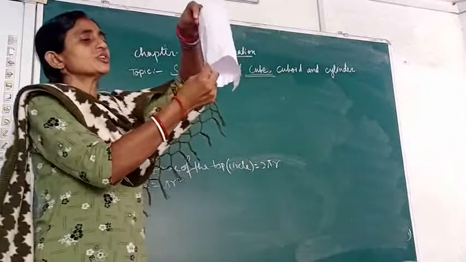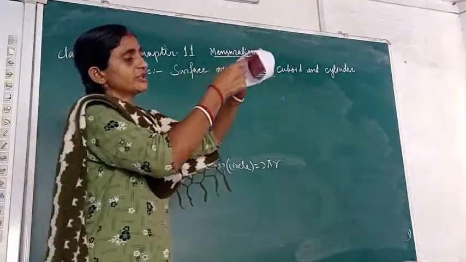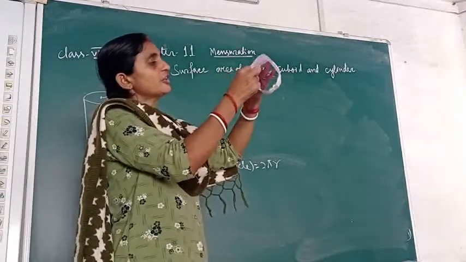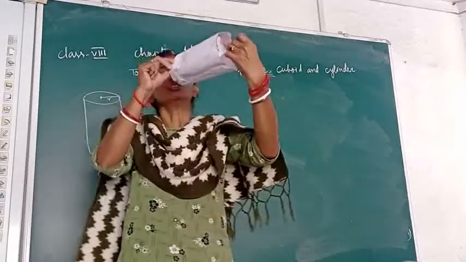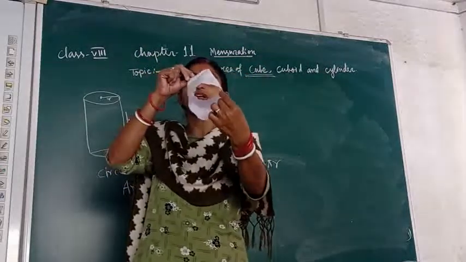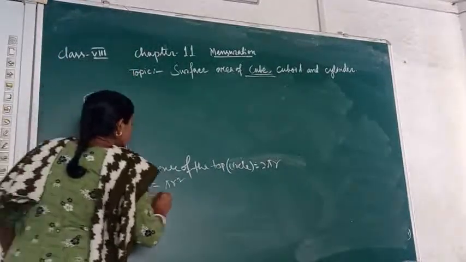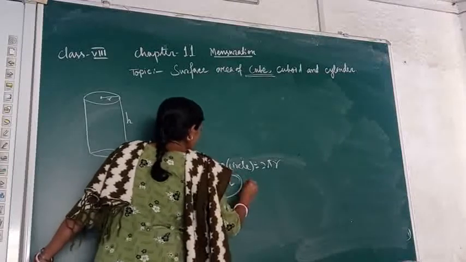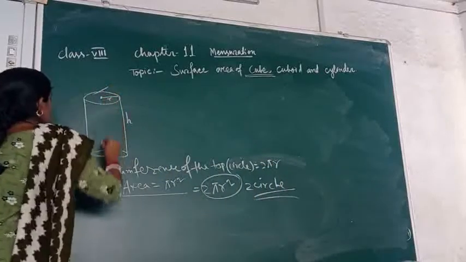Here if I am touching both the ends and giving the shape of a circle, you can see on the 2 ends, 2 circles are left. So if I am covering these by 2 circles, top and bottom, what am I getting? 2 circles. So the area of these 2 circles will be how much? Definitely 2 pi r square, because I have 2 circles here, on the top and the bottom.